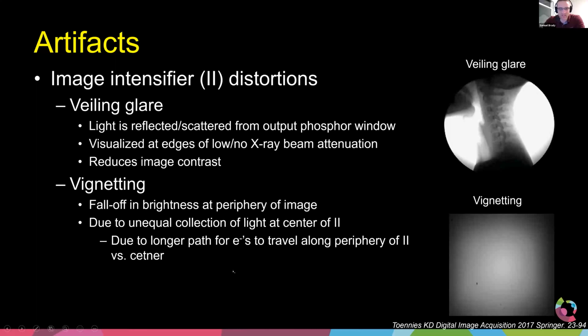And then you have what's called vignetting, and that is you just have a stronger, brighter signal at the center than you do at the edges. That's because the II, as you remember from the diagram, the actual input surface is curved. It has to be curved because it's got a vacuum, so the physical structure has no air inside there. To get the air out, you have to have a vacuum on it.